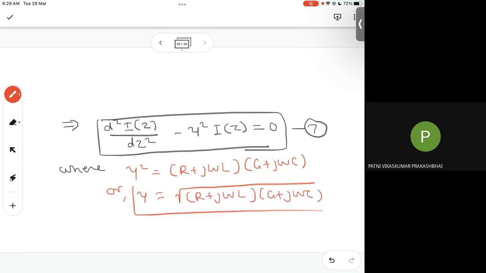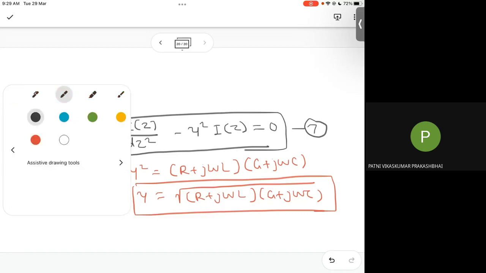I replace this expression with gamma square, and we'll explain the concept shortly.